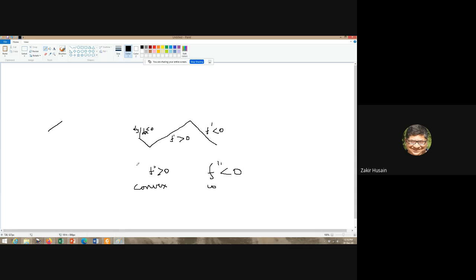So in the first part, if it is convex, it is going to be like this. And this means the function will be like this. So if we join it, it's going to be like this, right?